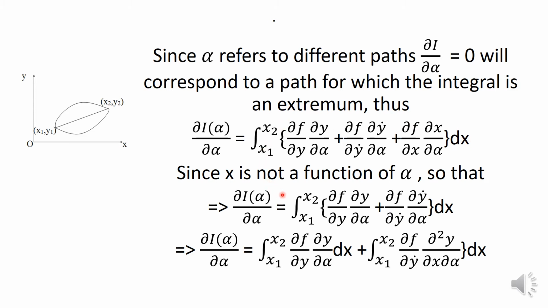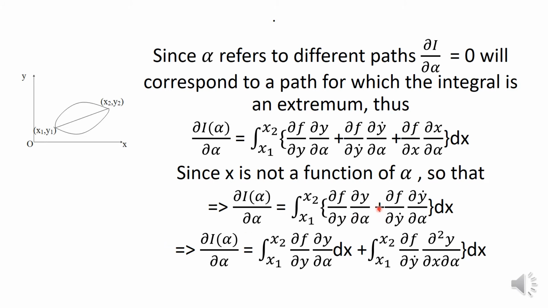Since x is not a function of alpha, after putting del x by del alpha equals 0, we find integral from x1 to x2 of del f by del y, del y by del alpha, plus del f by del y dot, del y dot by del alpha, close bracket dx.